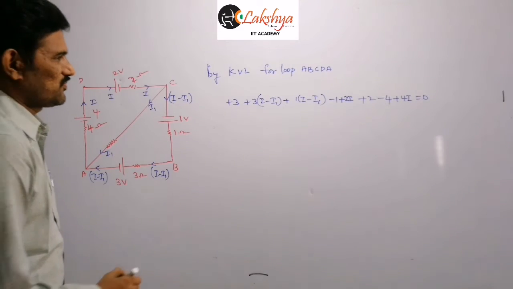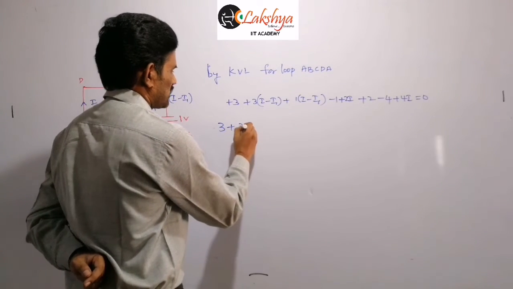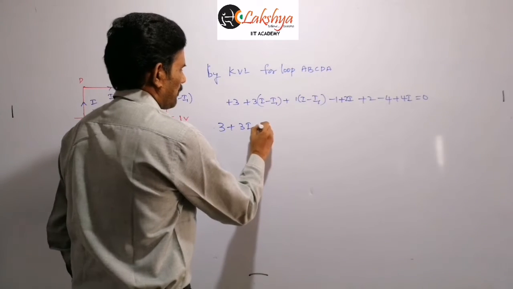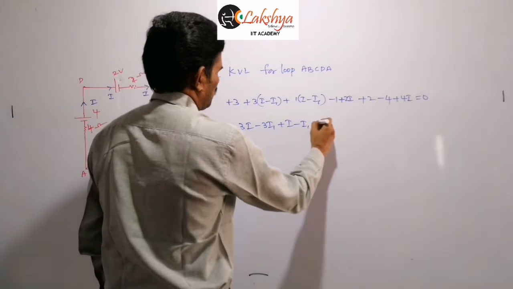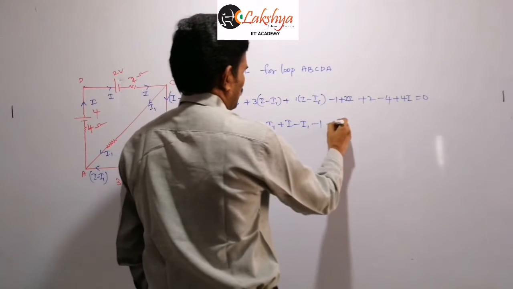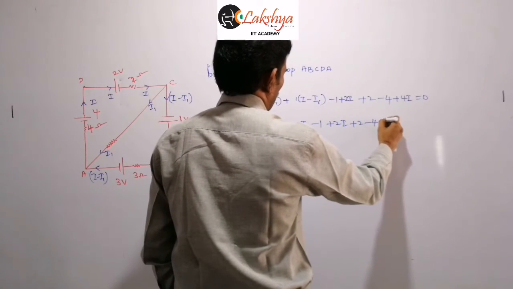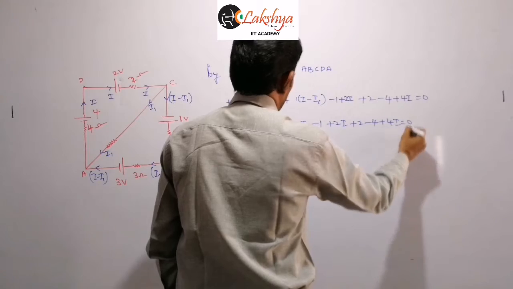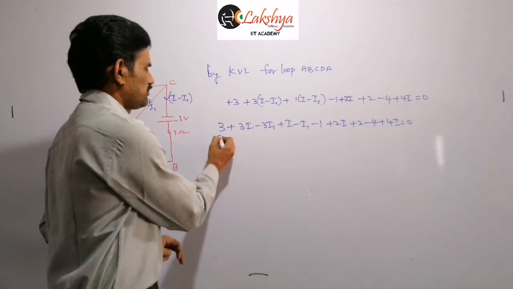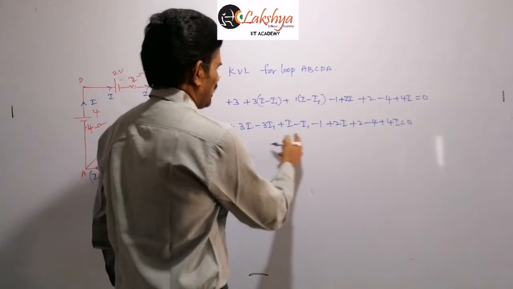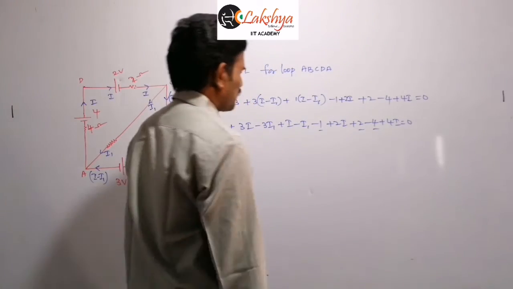And now let us simplify here. 3 plus 3i minus 3i1 plus I minus I1 minus 1 plus 2i plus 2 minus 4 plus 4i is equal to 0. First let us see the constants here. This 3 and next here 1 minus 1 and this is 2 and this is minus 4.